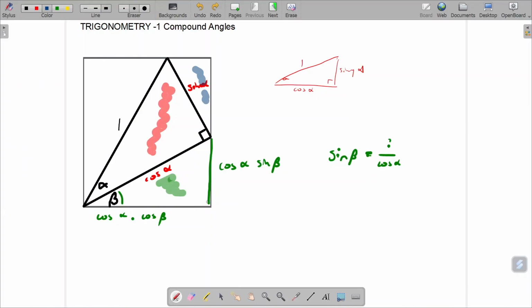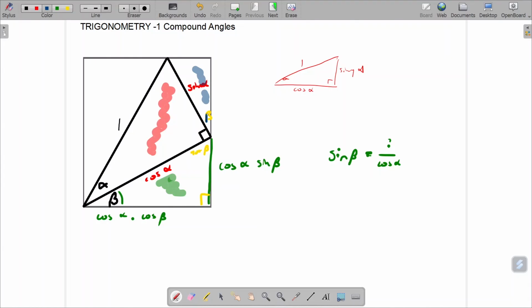If this is 90 degrees here in the bottom corner, so let's just do some thinking. If this is 90 in the bottom corner and this is 90 minus beta, then this here is a beta. So we know that that angle is a beta. So let's go and work this out now. We know that this is a beta size.